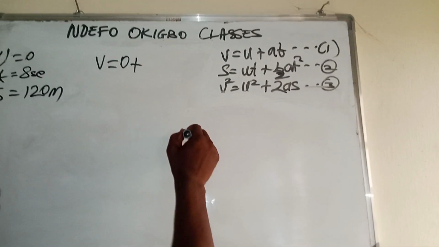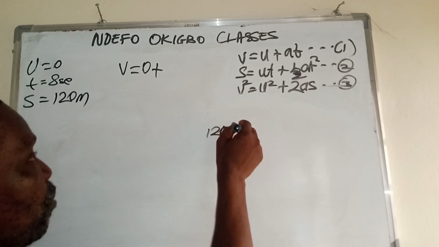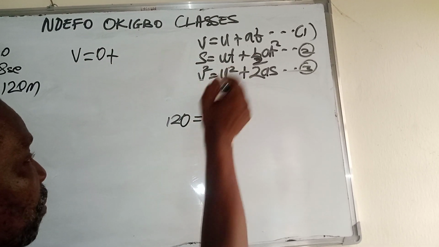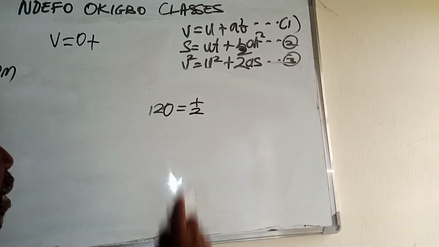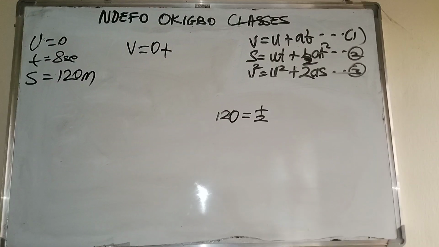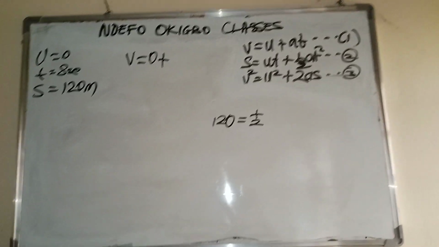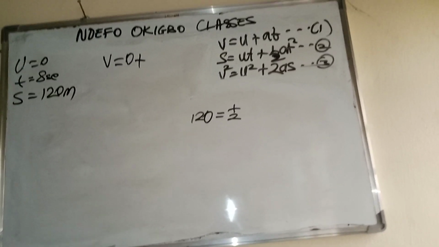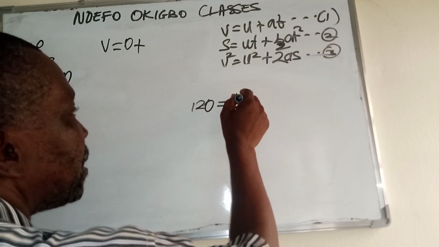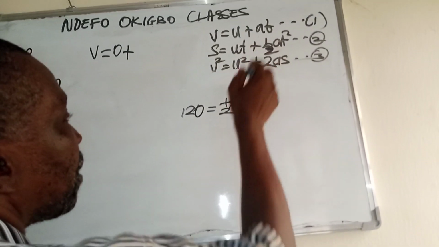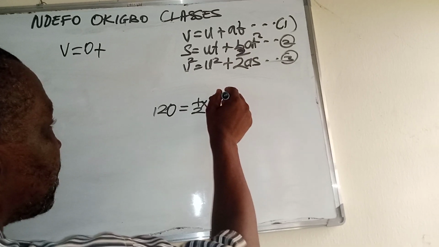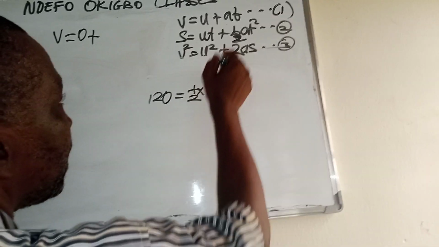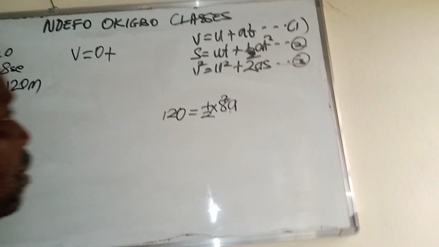Second equation: the distance is 120, then U is 0 because it started from rest, so it is equal to half times the acceleration times the time squared, which is 8 seconds squared.